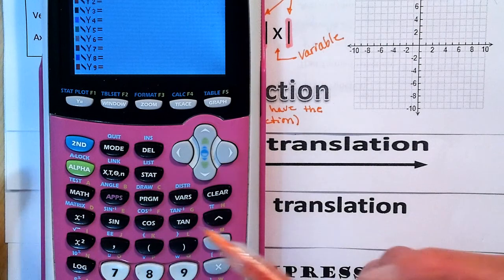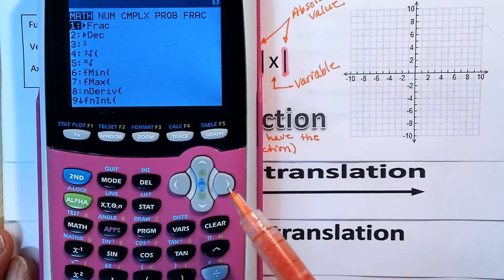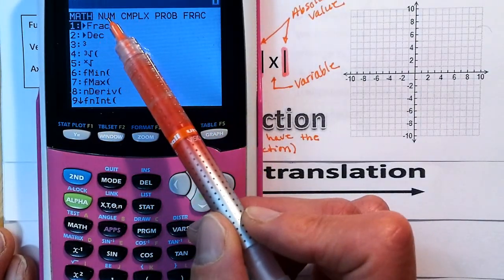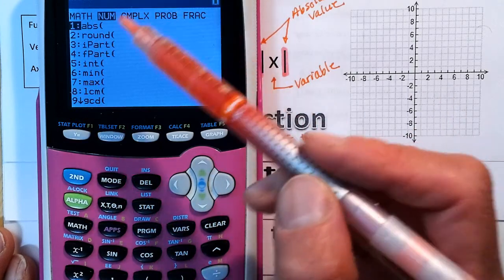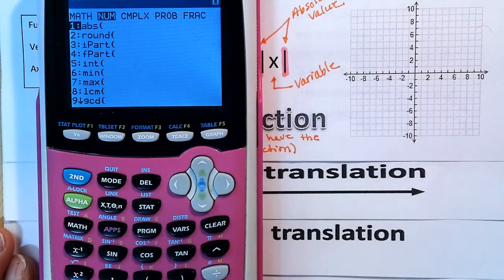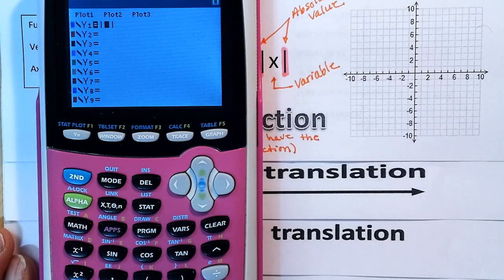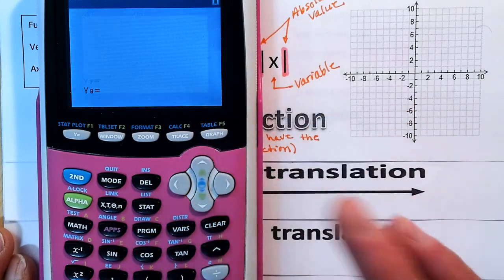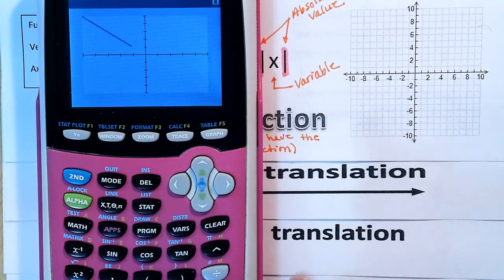If you go here to math, and then you scroll over to the top to numbers, you see ABS. That means absolute value. You push enter, you get your absolute value, and then put in your variable x. So when we go to graph this, we're just going to get a sneak preview of what this looks like. So you can see that it drew a V. Always look at what the function looks like before you graph it.